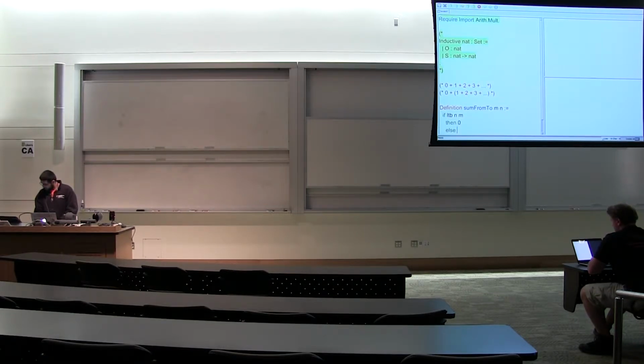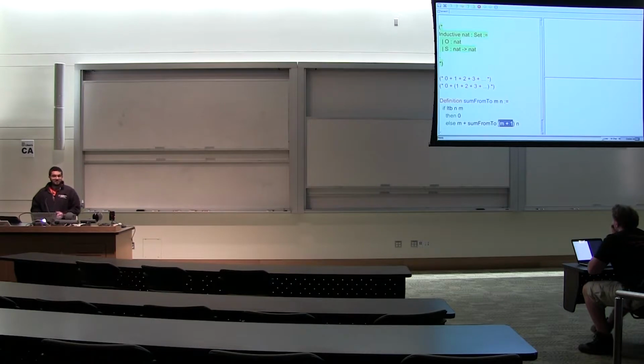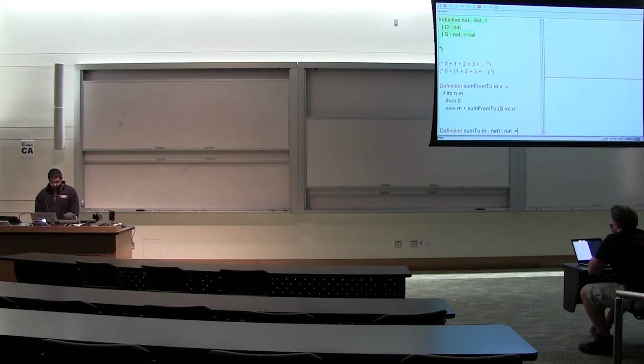Otherwise, we return m plus the sum from m plus 1. Instead of writing m plus 1 here, we'll use the data constructor we have. Instead of calling the plus function, we'll just create it directly. It's a lot simpler. So let's try this.